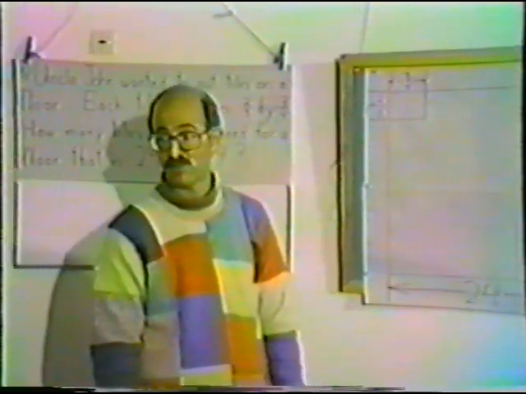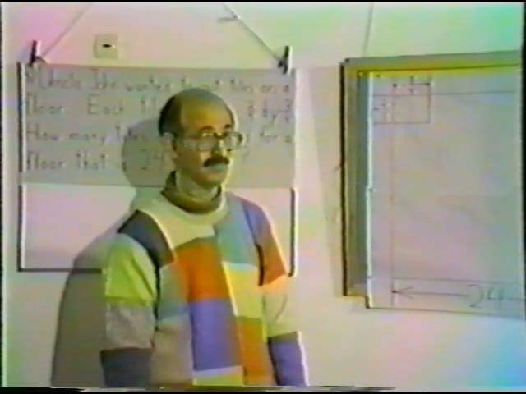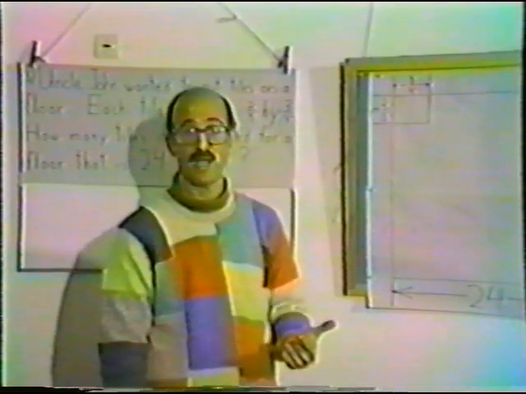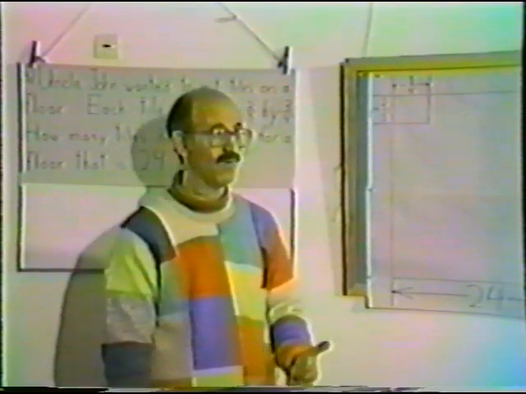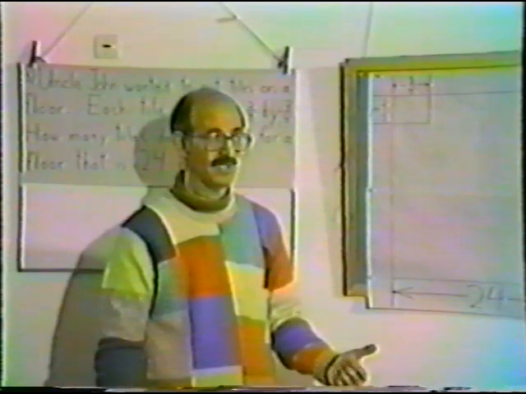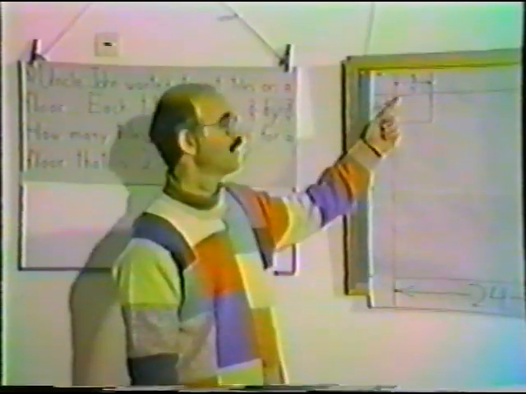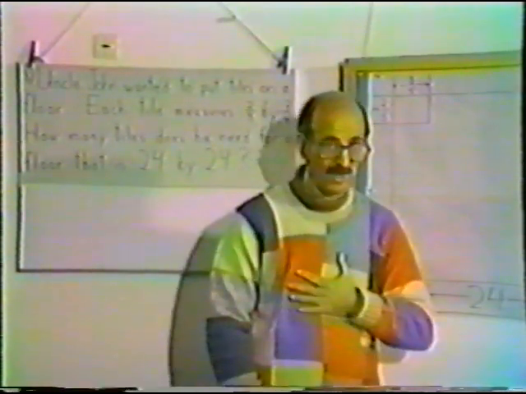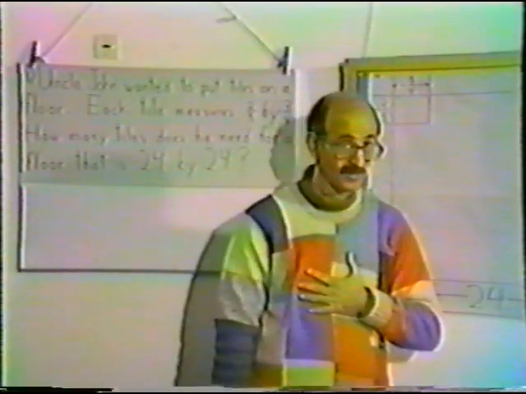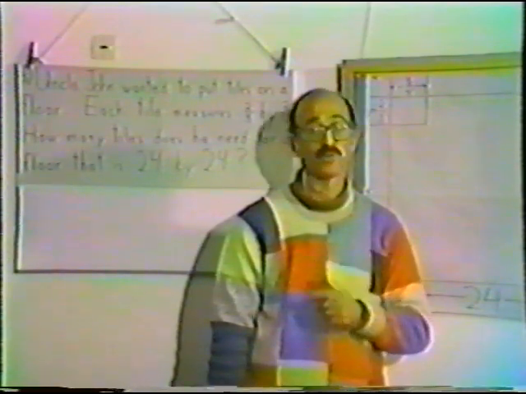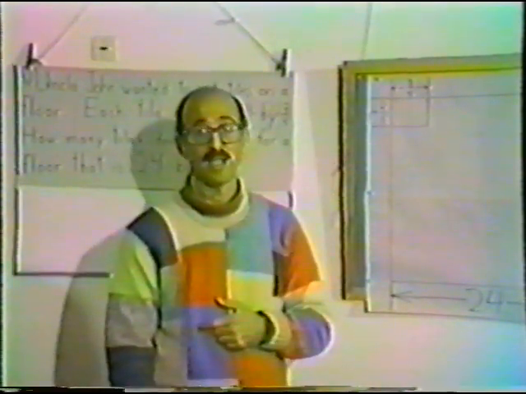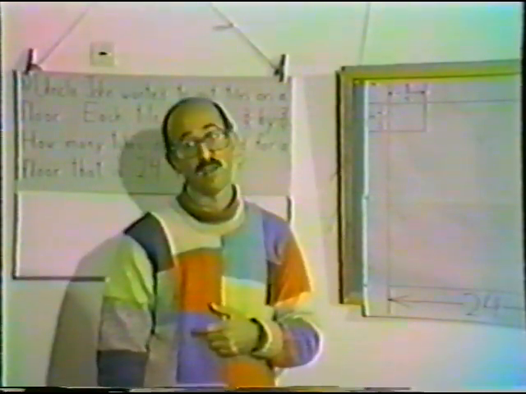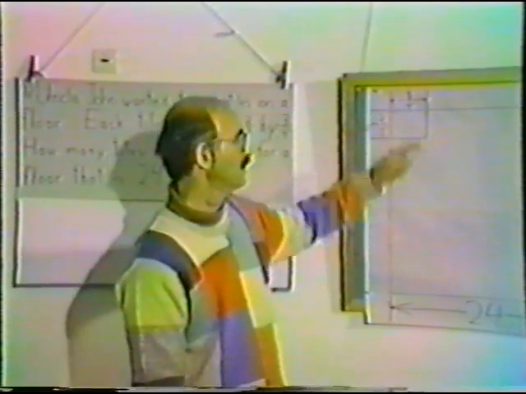Do we add, subtract, multiply, or divide? Well, we don't have too many answers because people aren't so sure what to do. And that's because the number is a fraction.